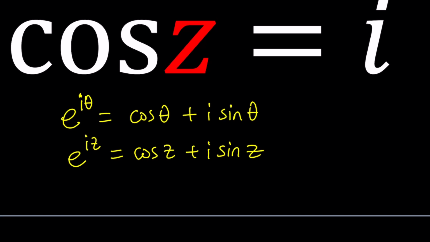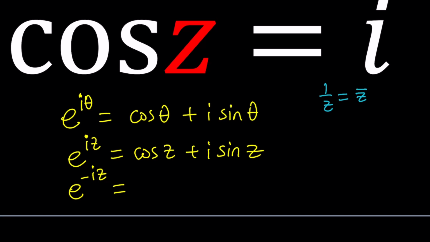So let's find cosine z from here, but we also have a sine z. The way to get rid of that is considering the conjugate. Why did I say conjugate? Isn't that the reciprocal? It's actually both. That's an interesting topic to think about: when is the reciprocal of a complex number its complex conjugate?